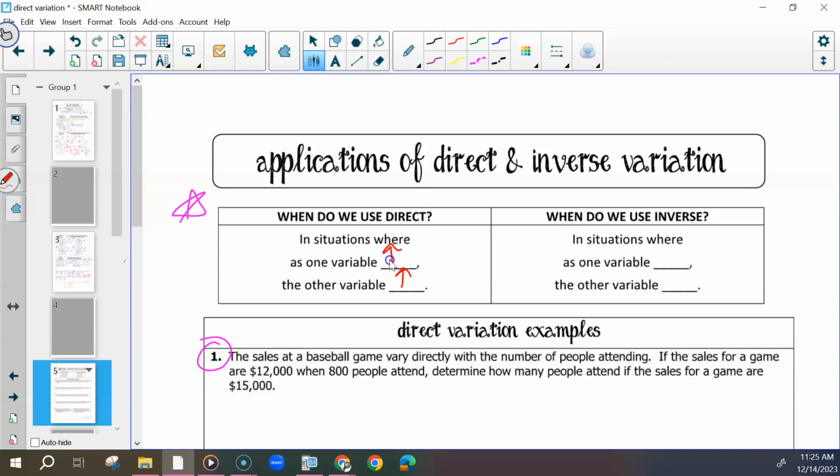So the more you study, the better your grade is. But these can also decrease together. The less you study, the worse your grade is. So these either go up or down together.